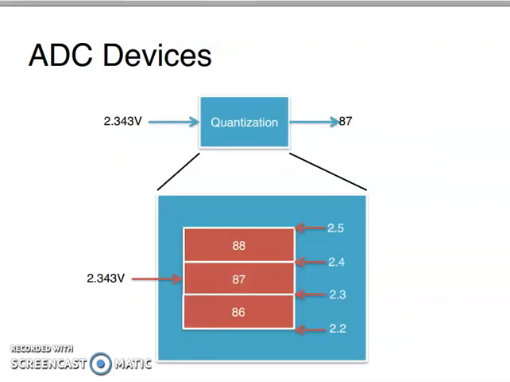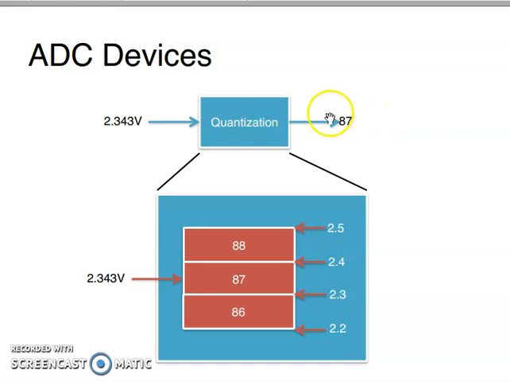If we look at the next slide, the value read from the analog sensor goes inside the analog to digital conversion module in the microcontroller, and the module converts the value into its digital form.